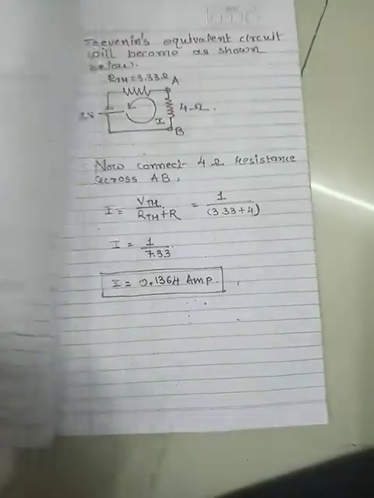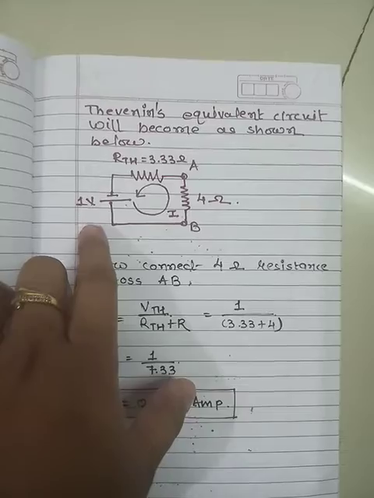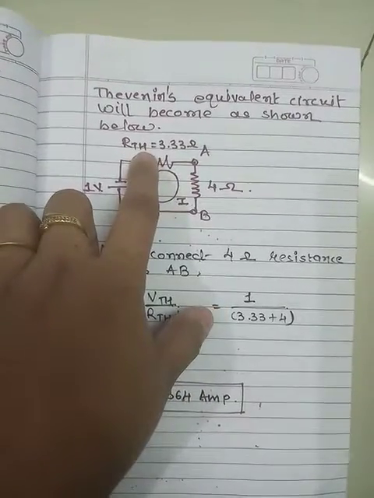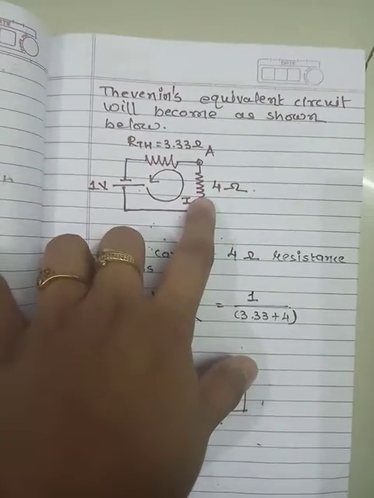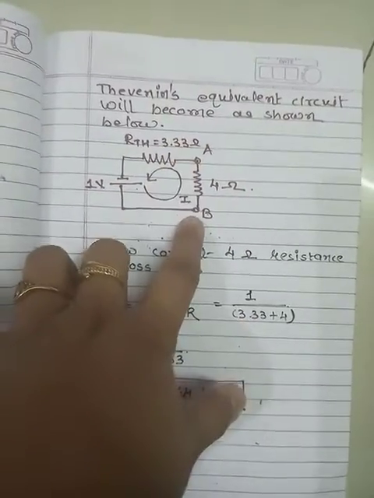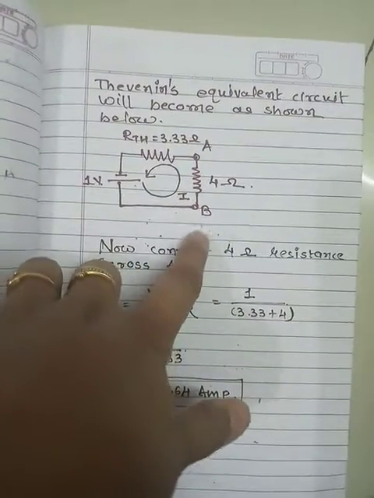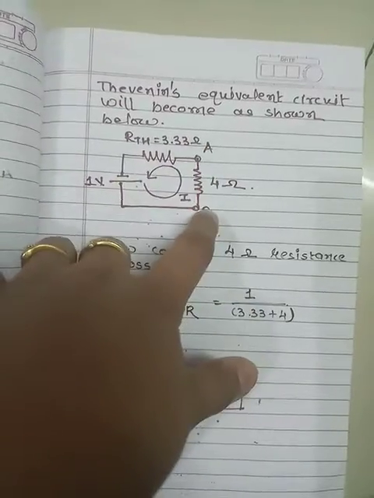Now make the Thevenin equivalent circuit. In the Thevenin equivalent circuit, connect the Thevenin equivalent voltage source in series with the Thevenin equivalent resistance, and again connect the load resistance, the 4 ohm, across A and B. So finally you will get this circuit. Now you can easily find the current I or IL flowing through the 4 ohm resistance.